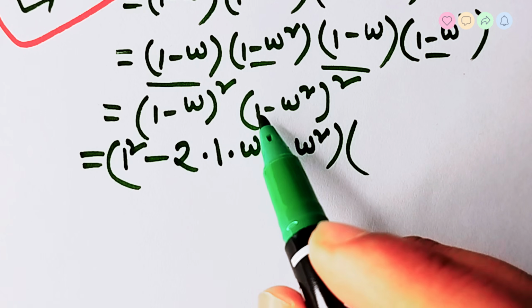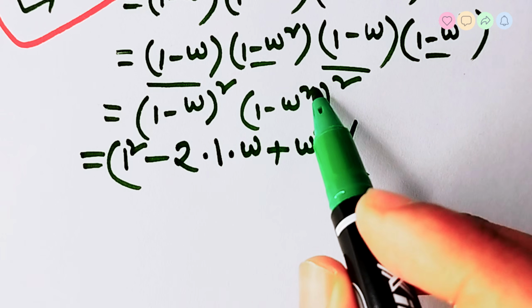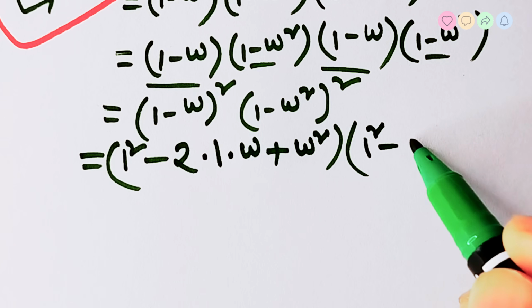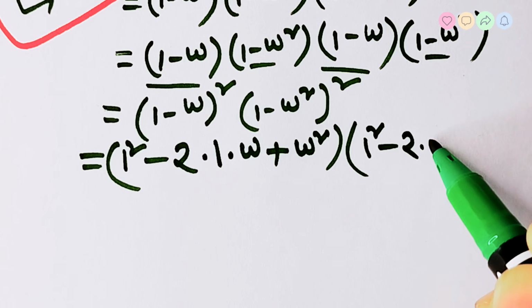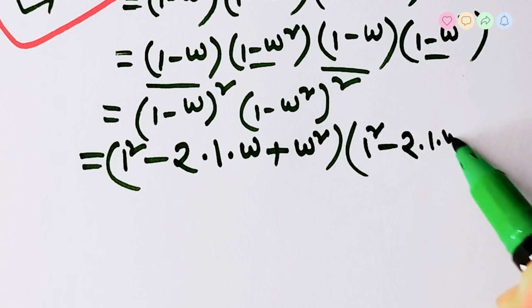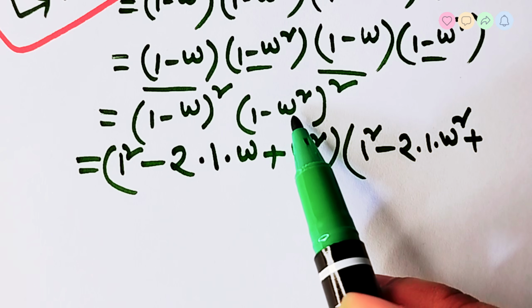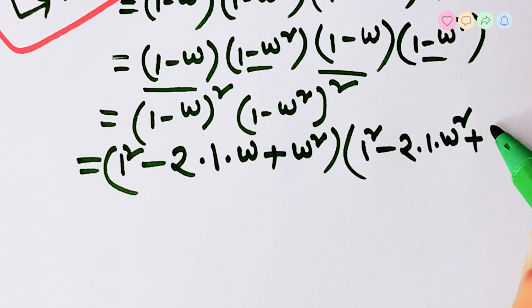Similarly, (1 minus omega square) whole square is 1 square minus 2 times 1 times omega square plus b square, where b square means omega square whole square, that means omega to the power 4.